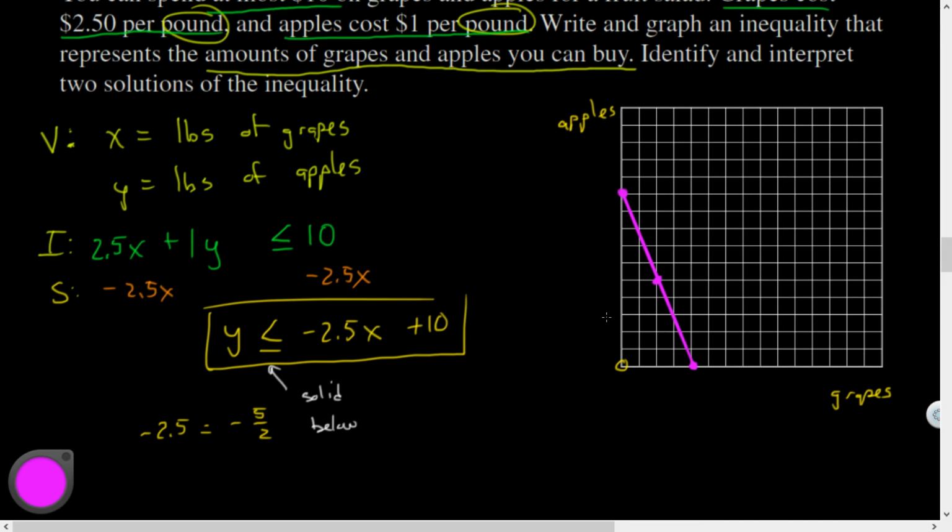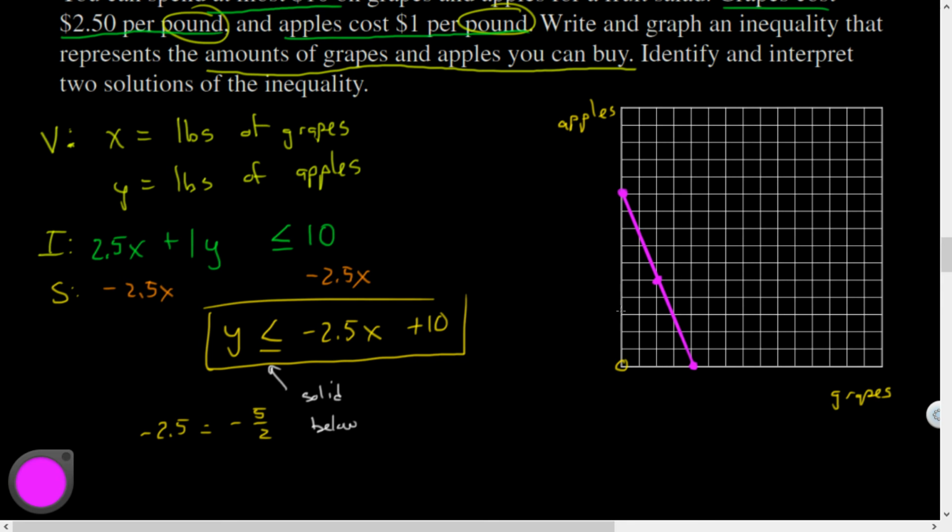Now, I don't know. Do you guys live in a world where there's a thing such as anti-grapes or anti-apples? Is it possible to buy apples made of antimatter? I don't think so. What's negative 10 pounds of apples look like? Could be money if I'm selling them back to this guy.